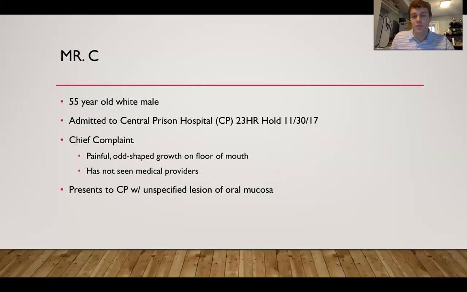The reason he was brought to 23-hour hold wasn't because of the mass that was growing in his mouth. It was because he wasn't taking his hypertension medication when he was in jail. He was refusing to take his high blood pressure medication, so he was brought to Central Prison to be monitored more closely and to make sure that he started to take it. But then this painful, odd-shaped growth was presented to the 23-hour hold provider, and it kind of spiraled from there.